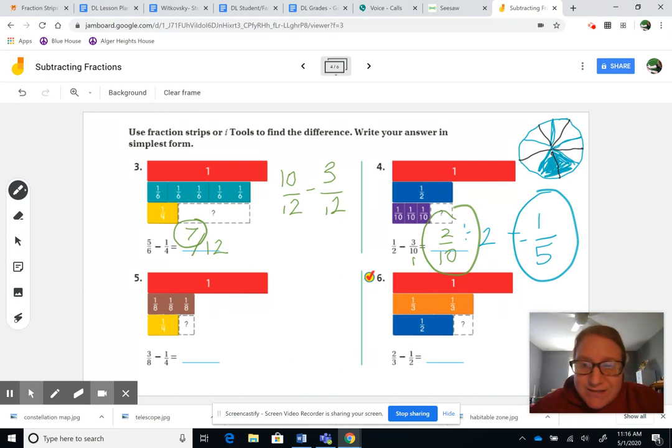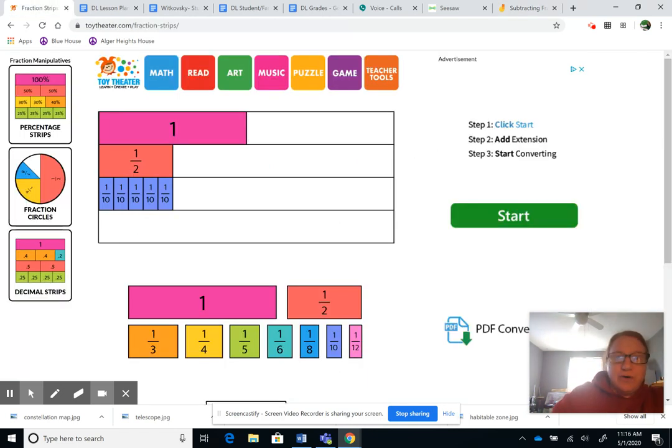And now, instead of having 5 pieces, I have 10 pieces. And how many of those pieces are blue? 2. So 2/10 and 1/5 are the same number, just represented in different ways. Okay, let's look at number 5. 3/8 minus 1/4.